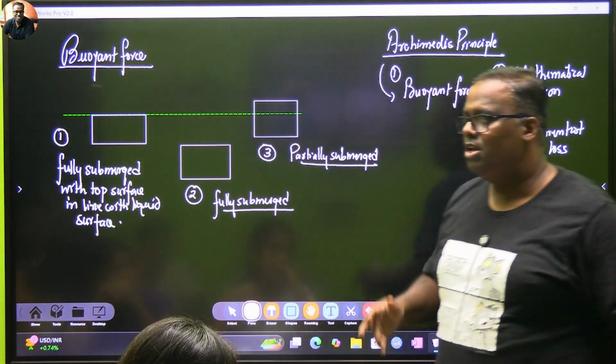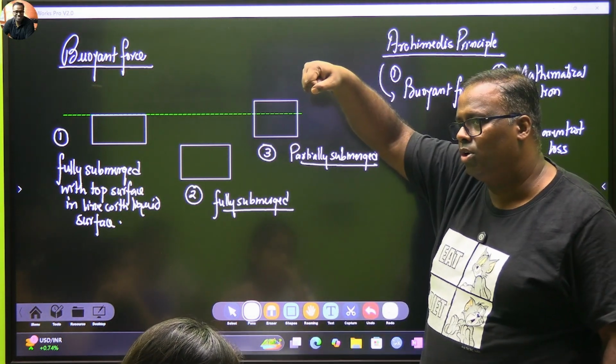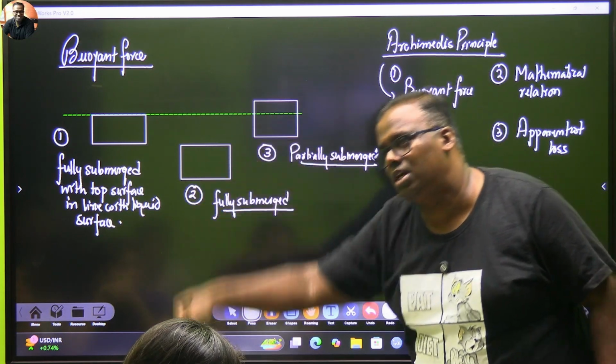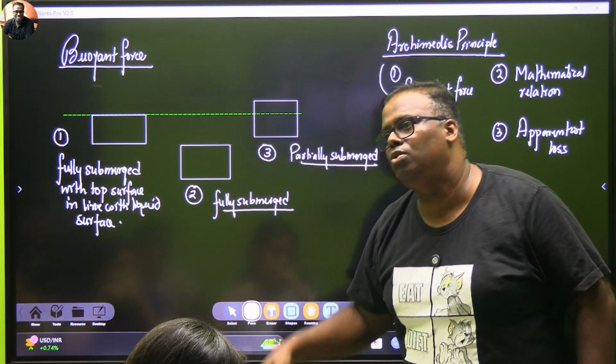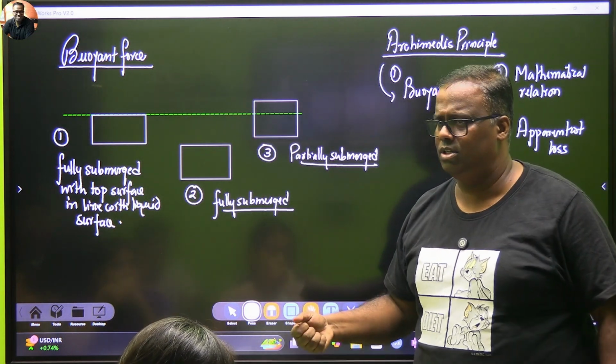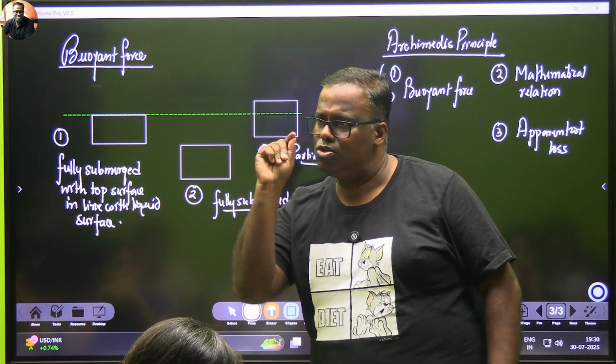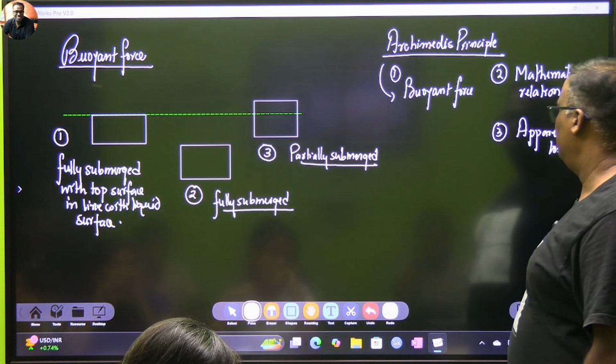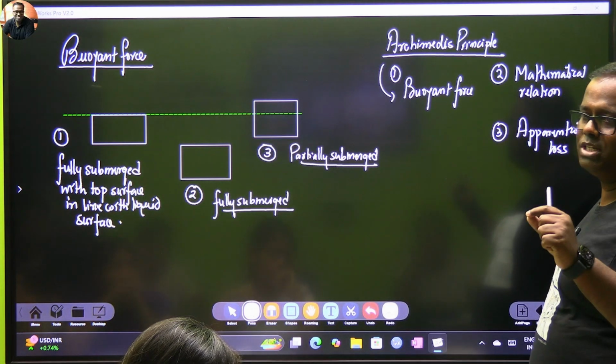That means when you take a bucket of water inside the swimming pool along with you and try to lift it within the swimming pool's depth, you will be very easily able to lift it. That means there is some sort of an apparent weight loss which happens when an object is submerged.